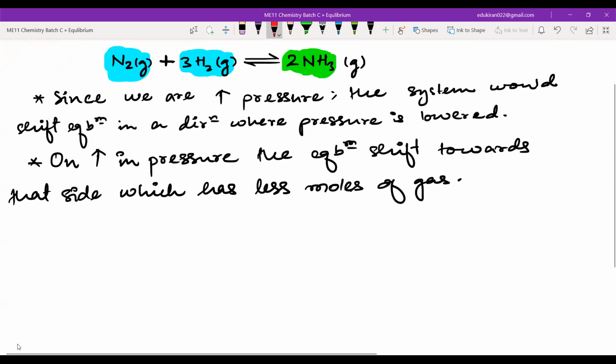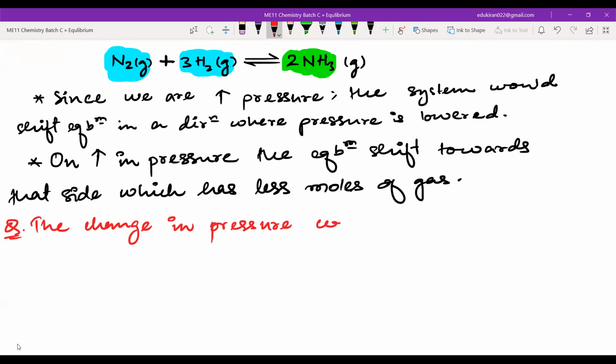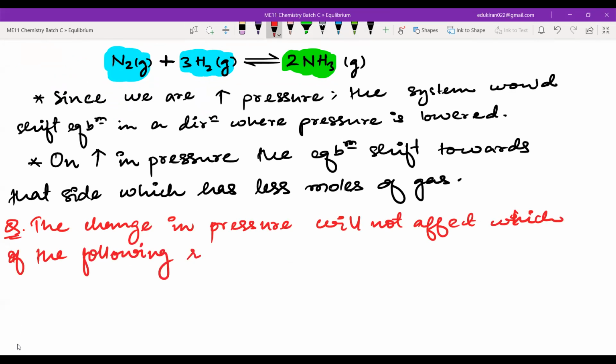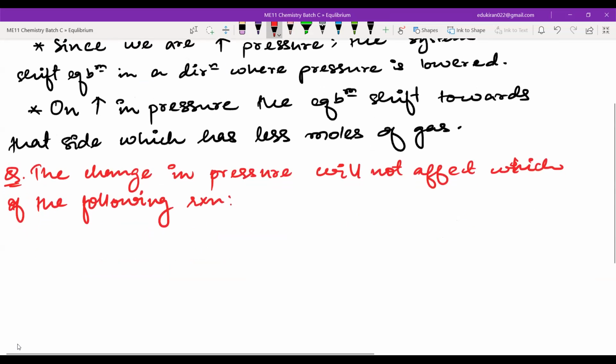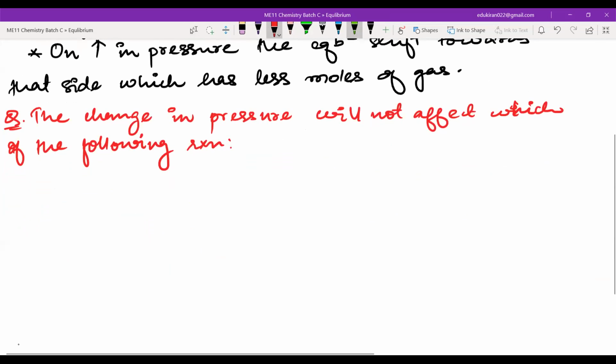Let us write a question. The change in pressure will not affect which of the following reactions? Okay, so let me write. We have this reaction, you have N2.